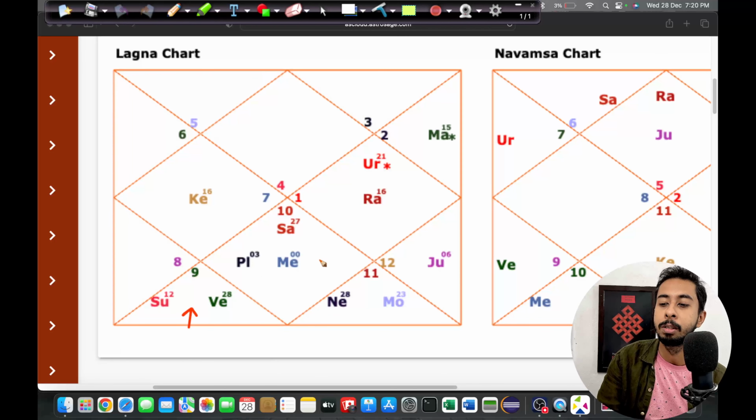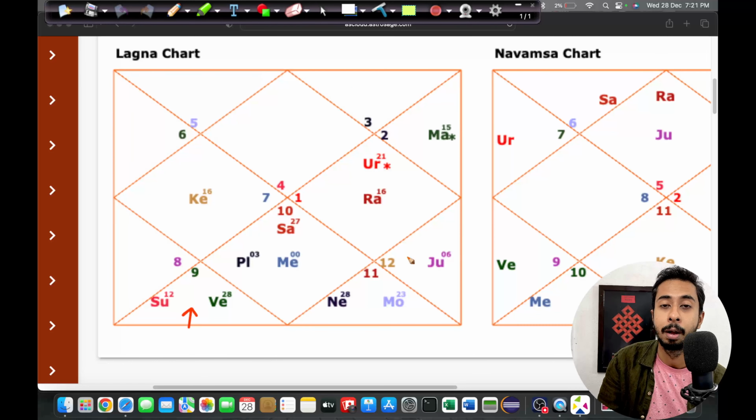See Jupiter is present in house number 9 in its own sign, Pisces. 12 is Pisces, right? So Jupiter is present in house number 9 and it is present in Pisces. So it is very, very auspicious, because house number 9 is luck.